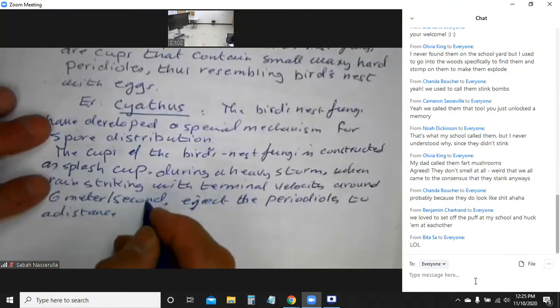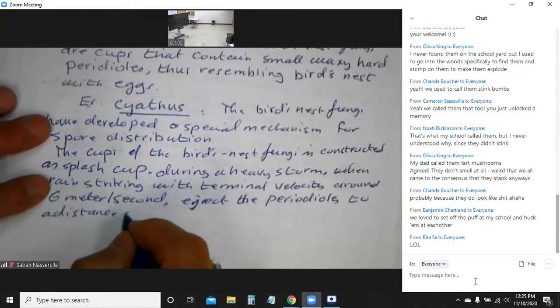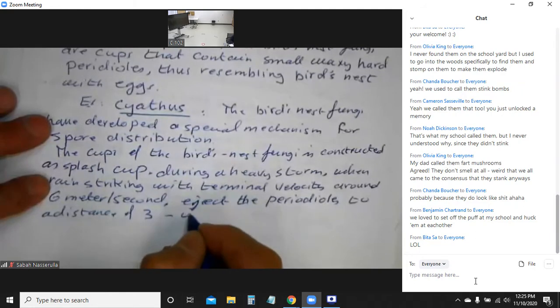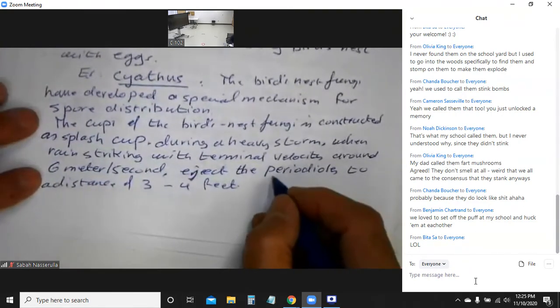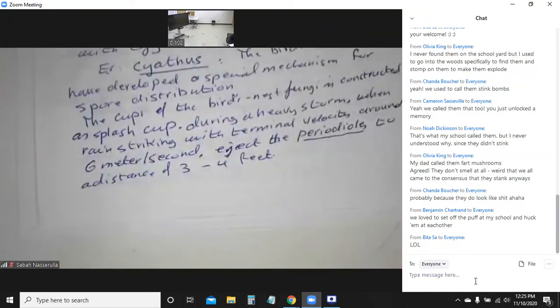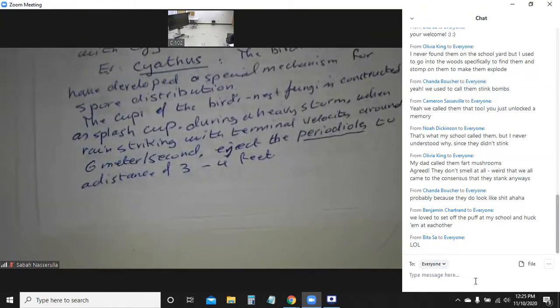So basically, these are the peridioles, which we are now going to explain, with the funicular cord.